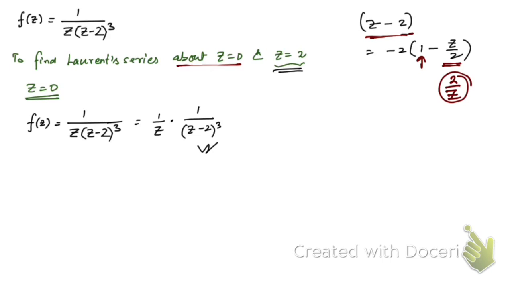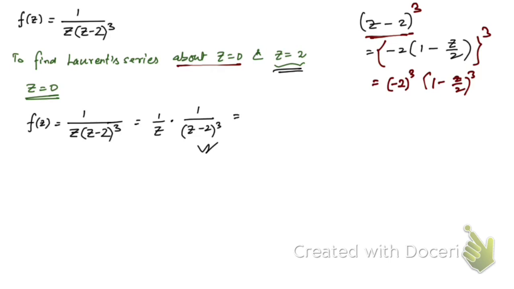Remember that. So now you see, once you have taken this common, if we have a whole cube here, then here should also be cube. So that means we're going to take (minus 2) whole to the power 3 common here, times (1 minus z by 2) whole to the power 3. So it can be written 1 by z into (minus 2) whole to the power 3 into (1 minus z by 2) whole to the power 3.